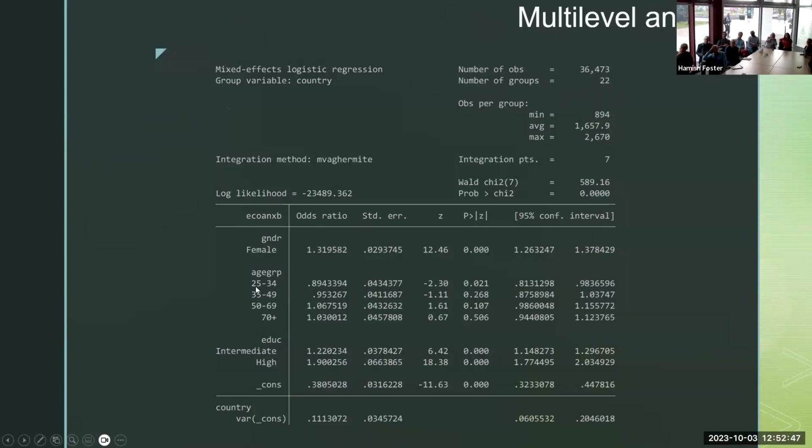Not quite sure what's going on with age, but compared to the younger people, older people seem to have less eco-anxiety. And amongst those who are higher educated, climate change worry seems to be worse amongst those who are highest educated. At the moment I've just included gender, age group, and education in the model, but I don't know if there's more things that I need to put in there.